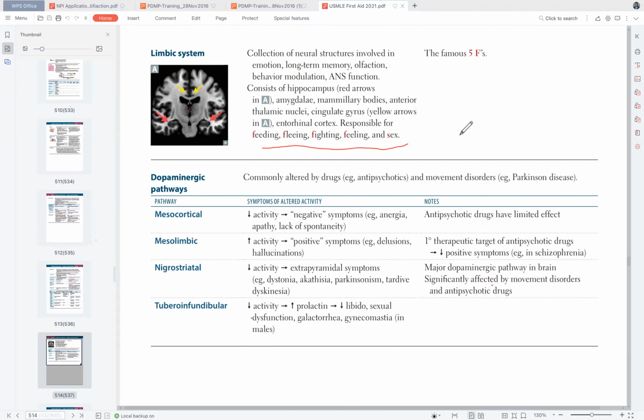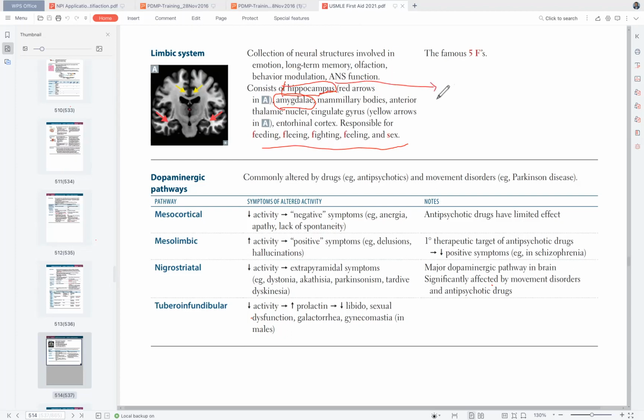Usually what they ask about the limbic system, the main thing is when there is destruction of the hippocampus, or when there is destruction of the amygdala, what happens to the patient?